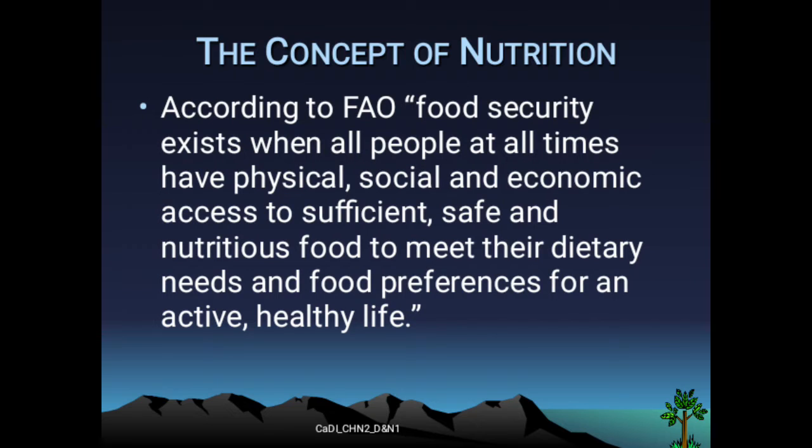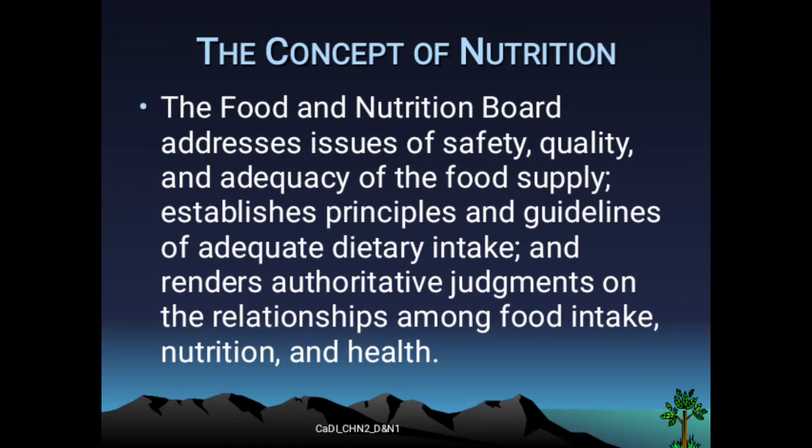According to FAO, food security exists when all people at all times have physical, social, and economic access to sufficient, safe, and nutritious food to meet their dietary needs and food preferences for an active, healthy life.